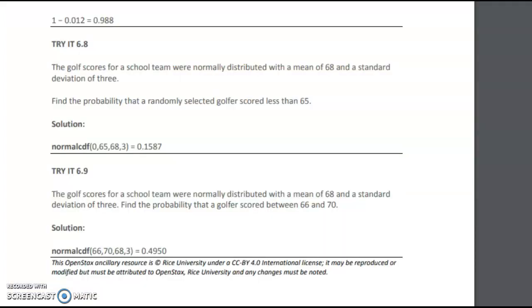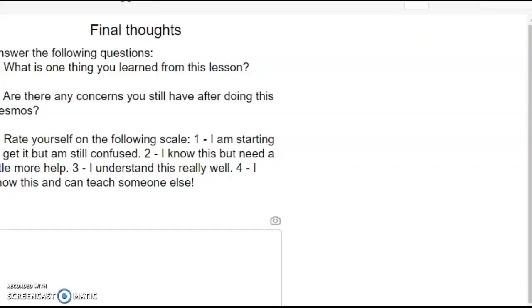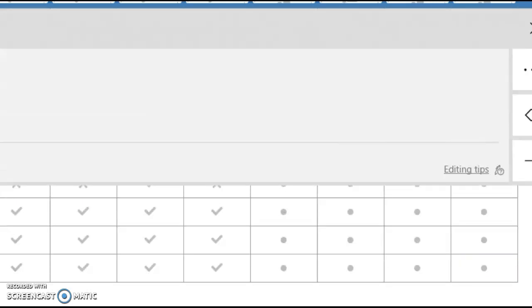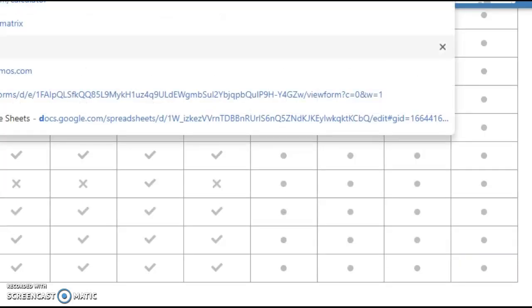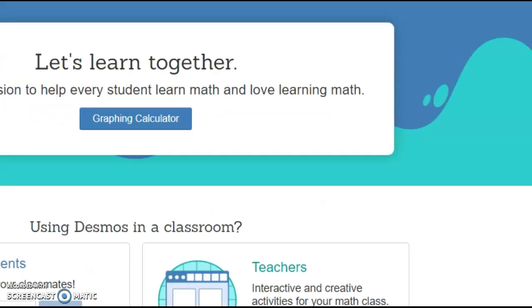Well, the best thing you're going to do here is go to Desmos. I'm going to need to just get to Desmos by itself. All right.